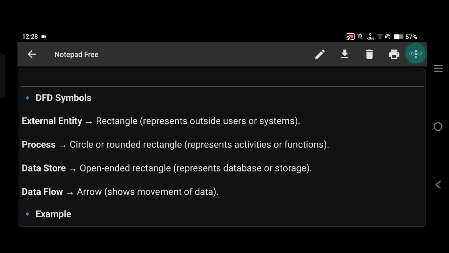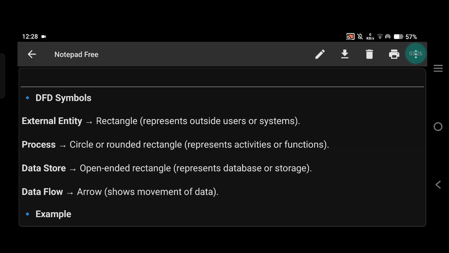Then DFD symbols. External entity: a rectangle represents outside users or systems. Process: a circle or rounded rectangle represents activities or functions.